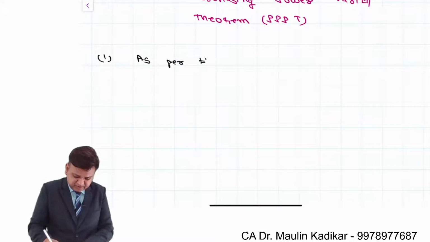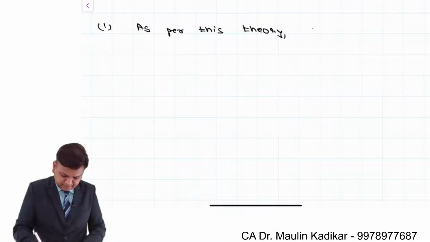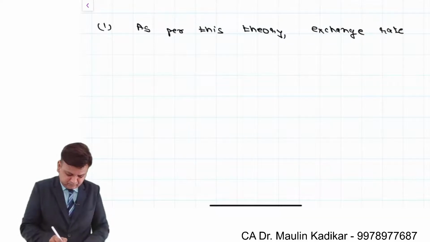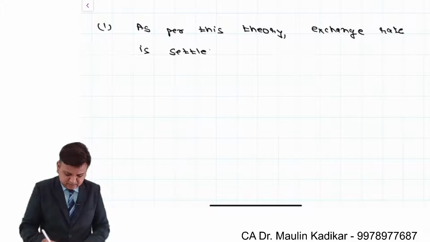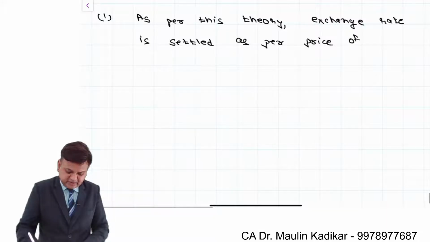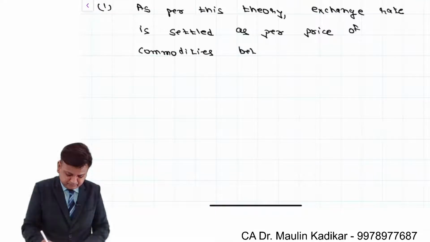As per this theory, exchange rate is settled as per price of commodities between two currencies.